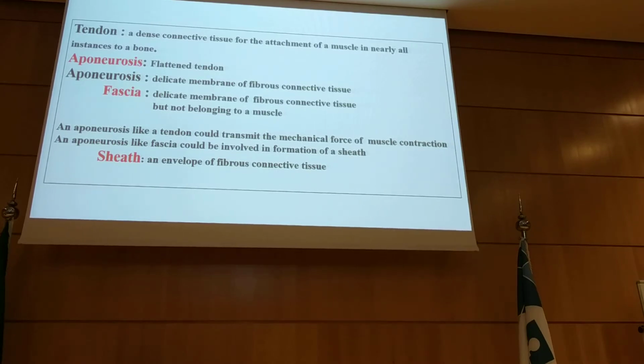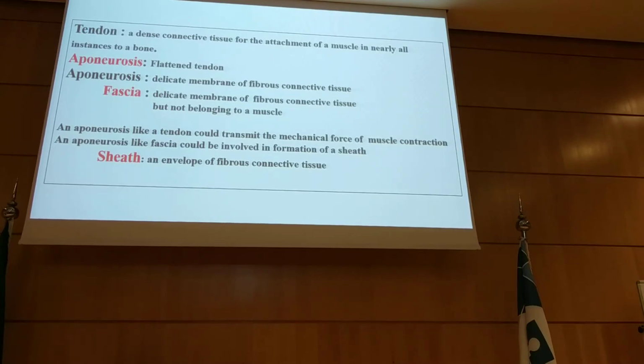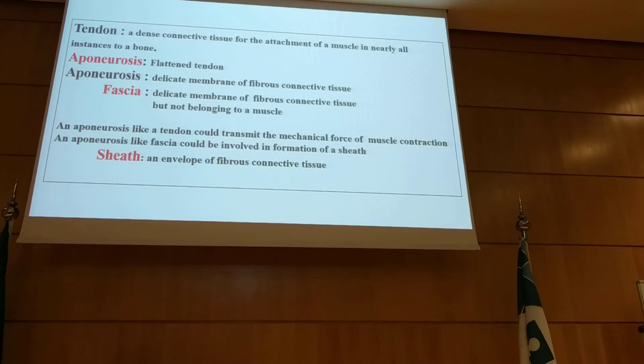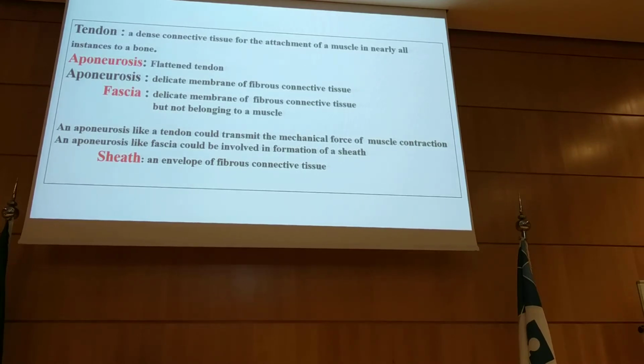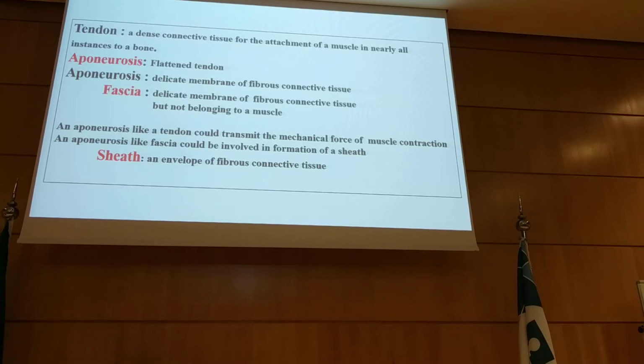Fascia makes sheaths, which are envelopes. Thyroid has got around it fascia, different from capsule. A fascia is an envelope. Just if you buy a piece of chocolate, you find around it immediately something like aluminum paper.